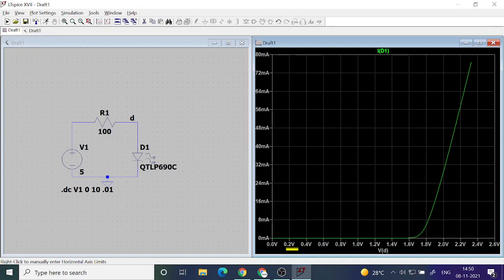Voltages start diminishing. So from what point is it going to affect the voltages that we see on a CRO or measure using a multimeter?